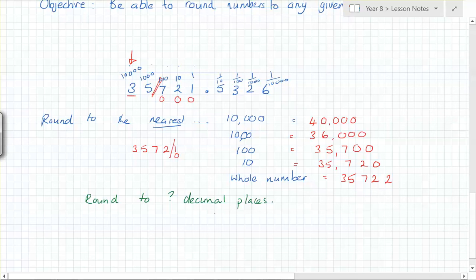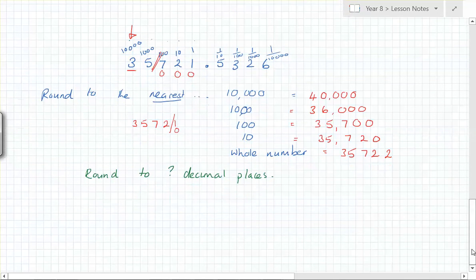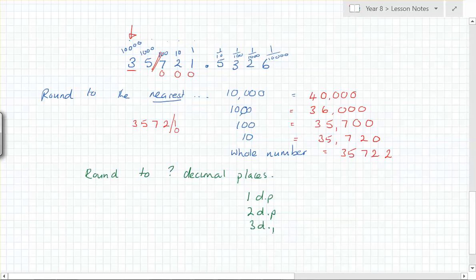But what we actually do is we say to a number of decimal places, and that's what you get in a test, for instance. So this number could be rounded to 1 decimal place, 2 decimal places, or 3 decimal places. Why can't I round this number to 4 decimal places, Ben? Because there's not enough numbers. There's nothing else after that, so we only do the first 3.